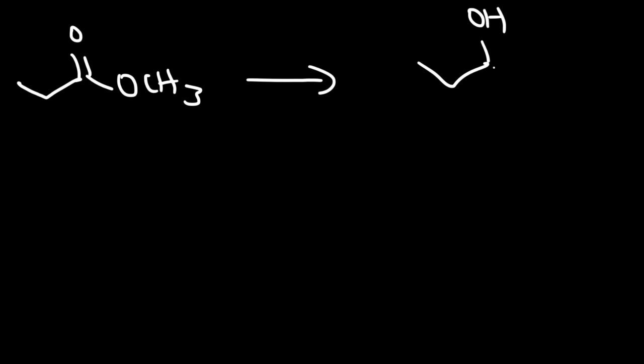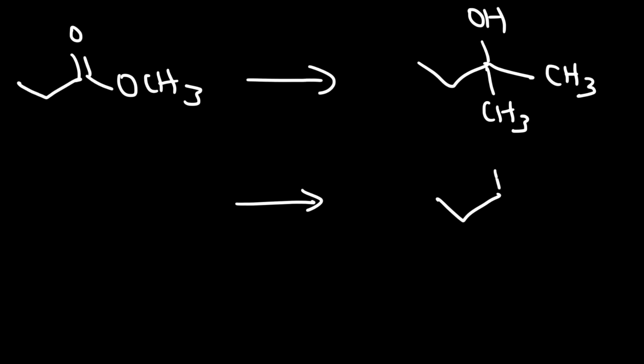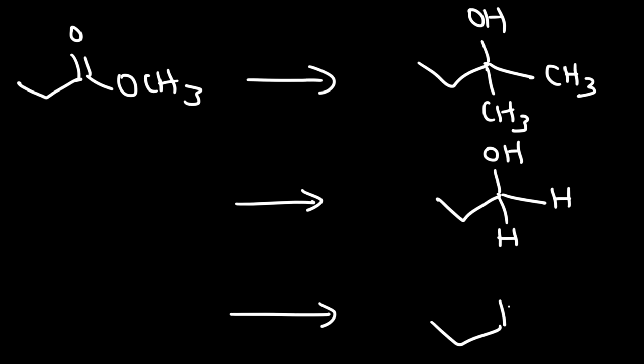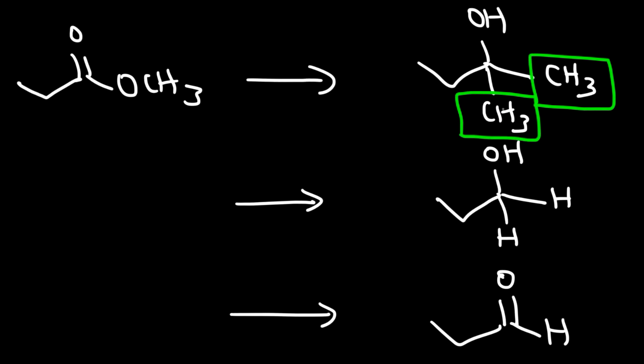Starting with an ester, how can we make the following compounds? So how can we convert it into a tertiary alcohol? And what reagent do we need to convert it, let's say, into a primary alcohol? And finally, how can we convert it into an aldehyde? So to add 2 methyl R groups, just like before, we can use a Grignard reagent or an organolithium reagent.